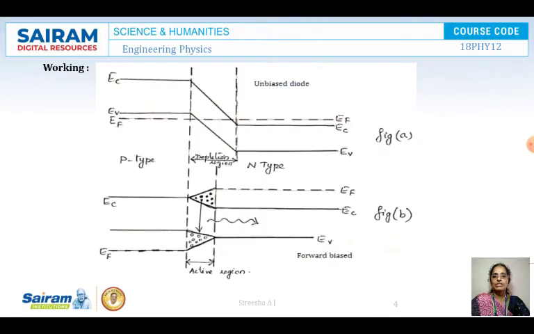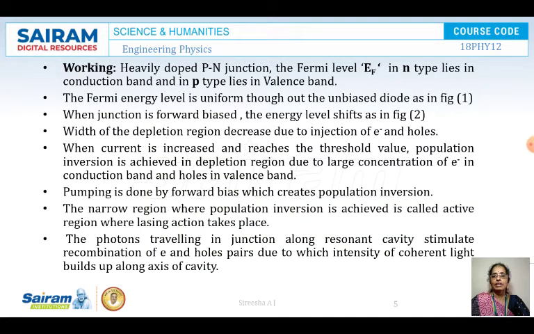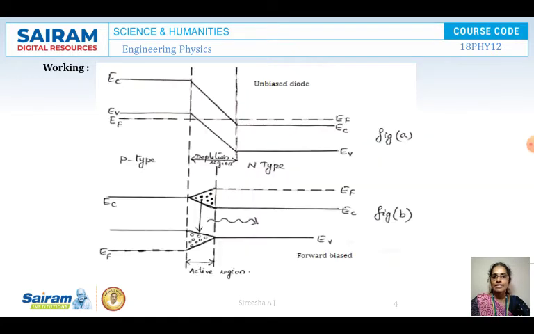In a heavily doped p-n junction at the Fermi level, what I have explained is mentioned here. In an unbiased diode, the Fermi energy level in a p-type lies in the valence band and in an n-type lies in the conduction band. When the forward bias is increased, the depletion region decreases.